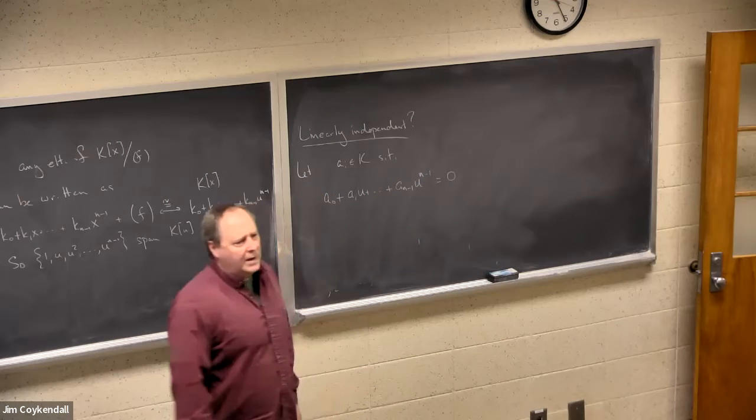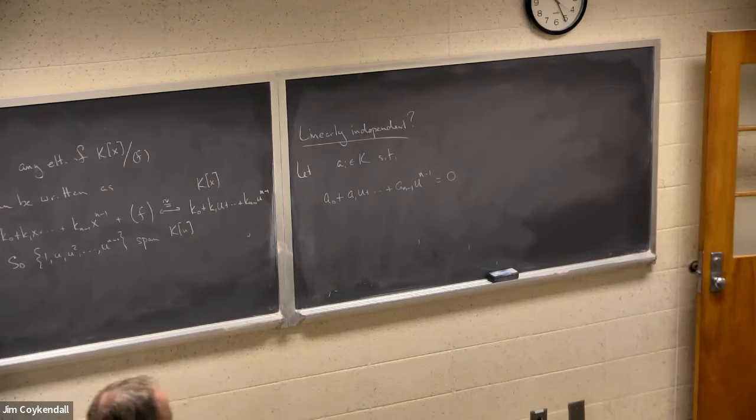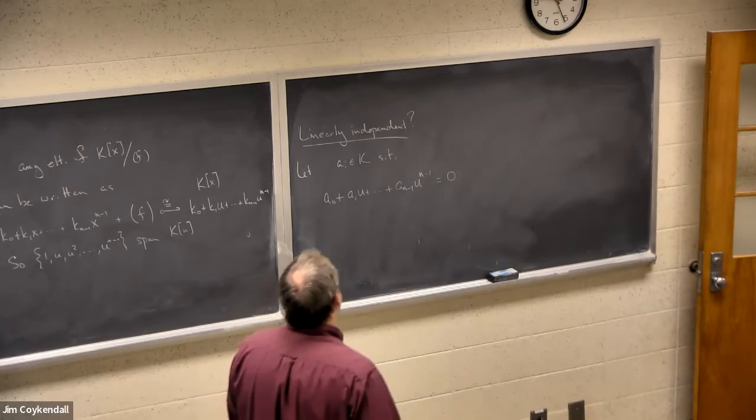You guys see what the problem with that is? That looks an awful lot like a polynomial, right? That's a polynomial equation that U is a root of, right? What is the degree of this? It's less than n, right? For sure.